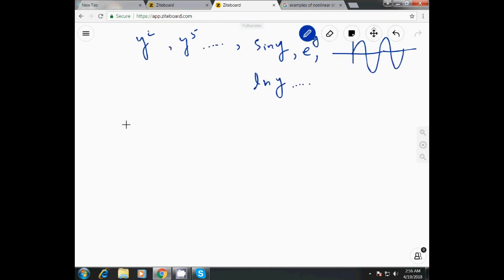The second condition is that there should be only first degree derivatives in the differential equation. So what is not allowed? Any whole power of the derivatives other than 1.